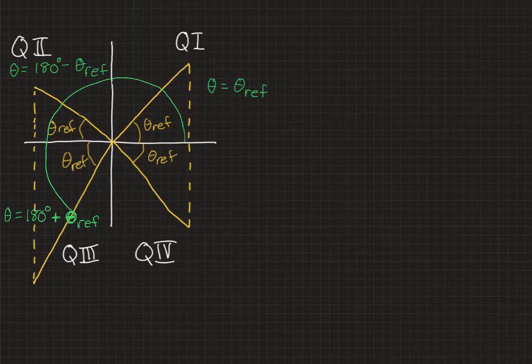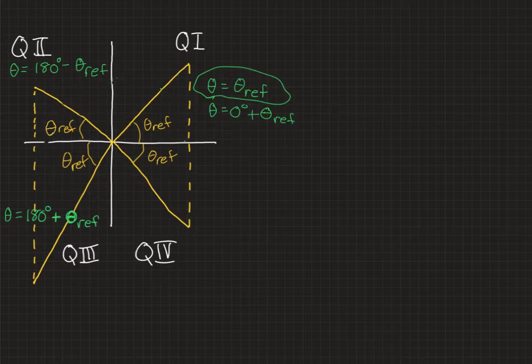Notice we are always looking at how the reference angle relates to the x-axis. In fact, over in quadrant 1, we could have written theta equals 0 degrees plus the reference angle. Okay, we usually don't bother with that. We usually just remember that in the first quadrant, your standard angle and your reference angle are the same measurement.